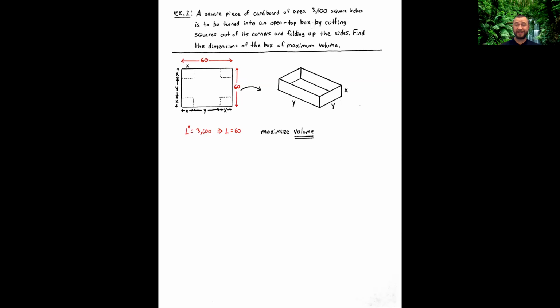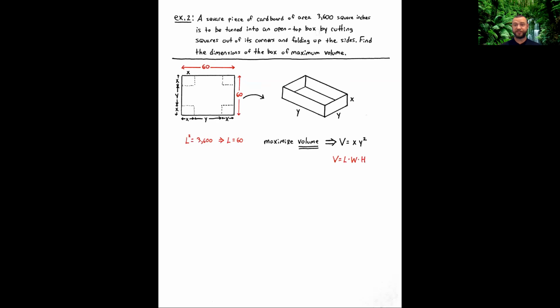Now take a look at the end of the problem. It's asking us to maximize volume or find the dimensions of the box of maximum volume. All right, so what we want to do is come up with an equation or formula that relates the side lengths to the volume of this object. And that's fortunately really simple.